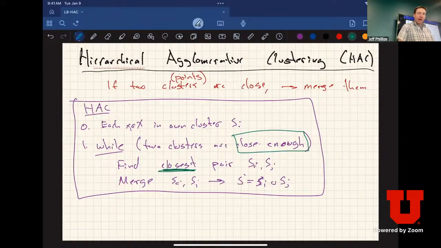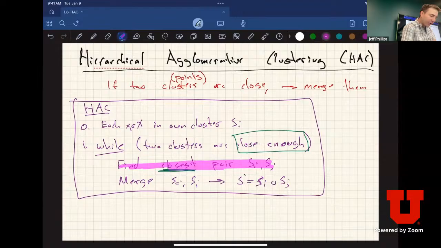All right, so I am missing this question: how to define the closest pair, or in particular, how do I define close between a pair of points, right?